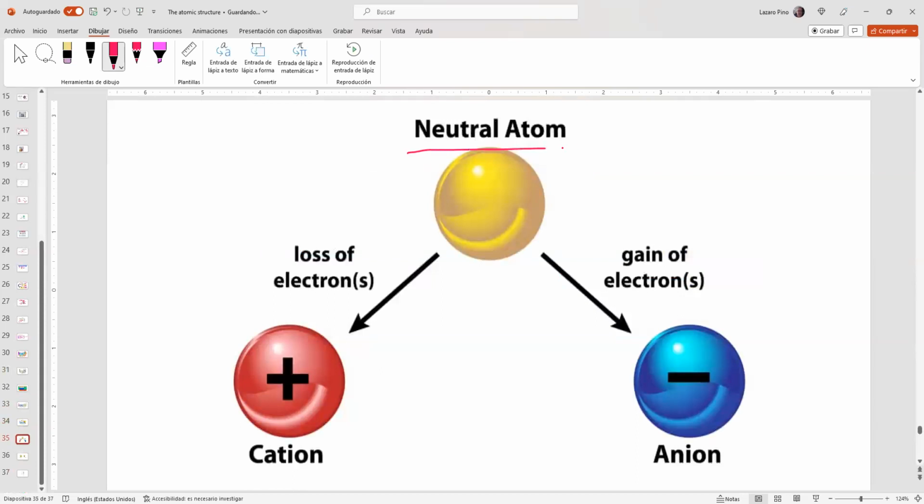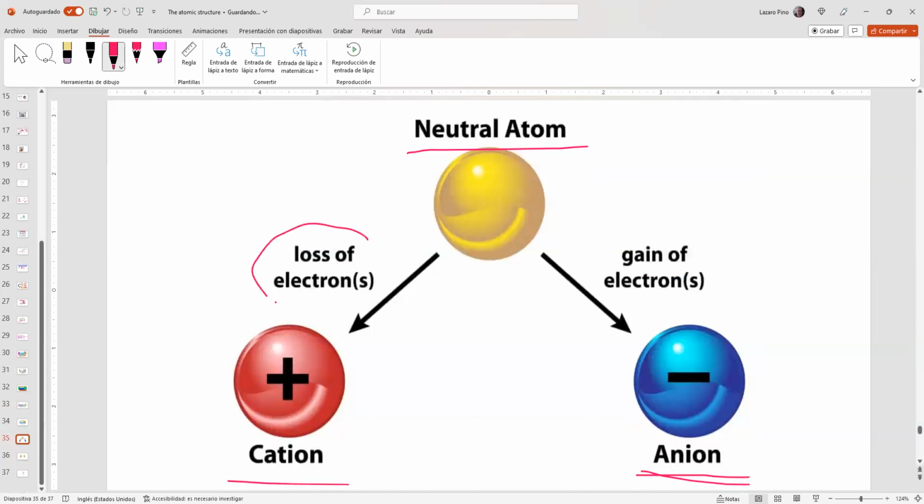When an atom loses electrons, it makes a cation. That is a positively charged atom. And when it gains electrons, it makes a negative ion, or an anion. Cation positive, anion negative.